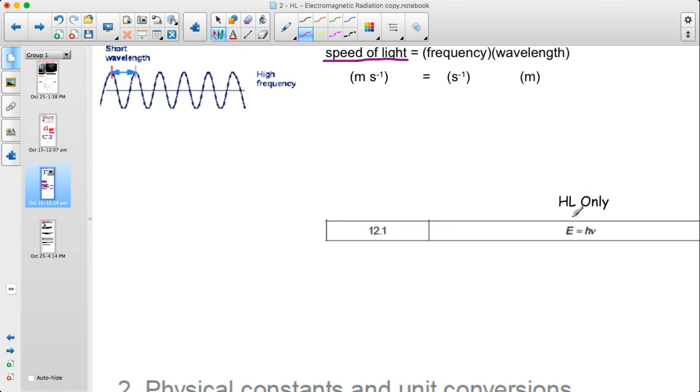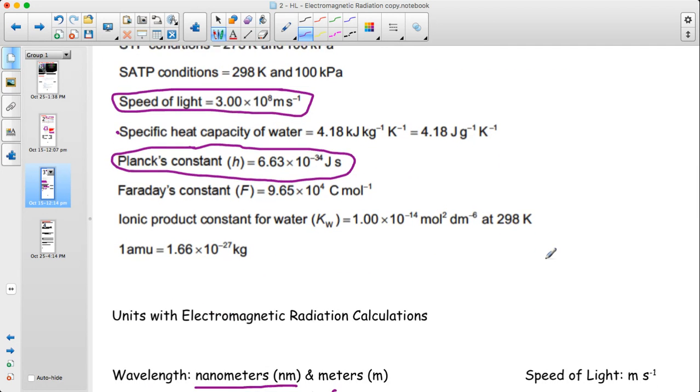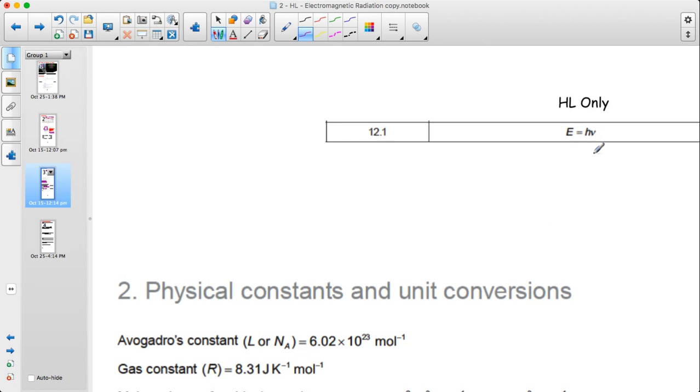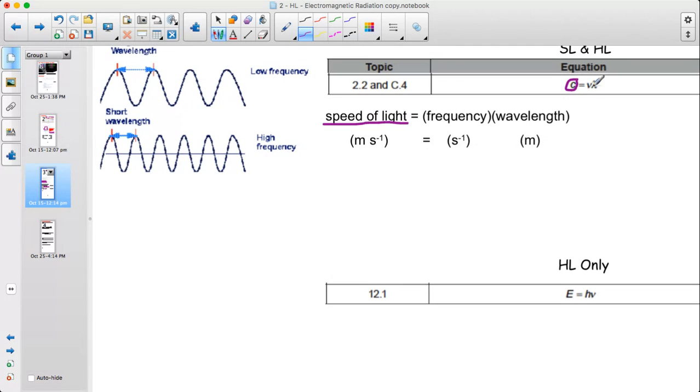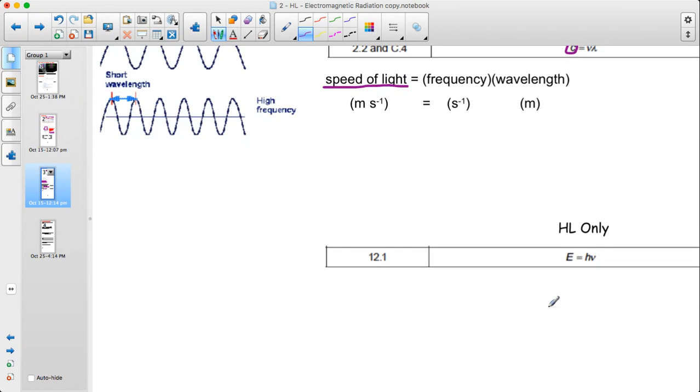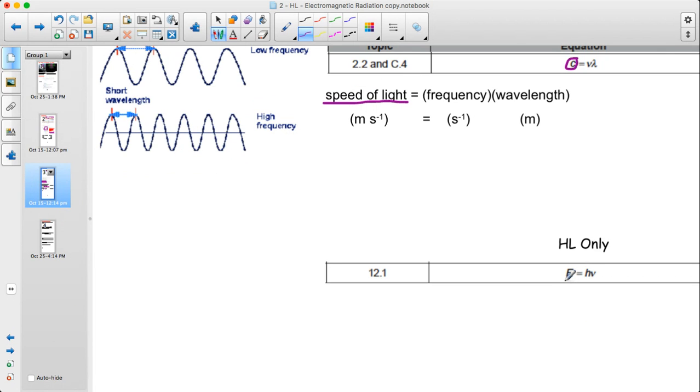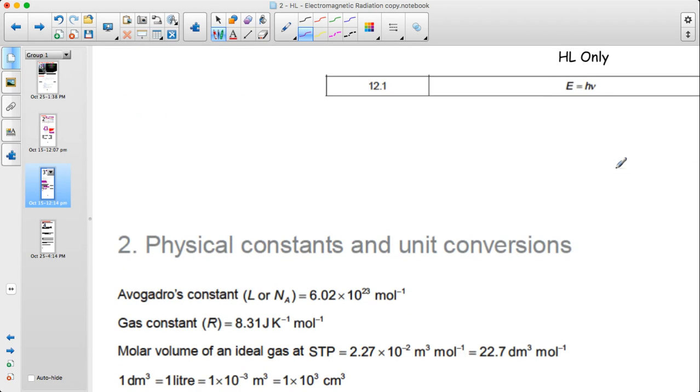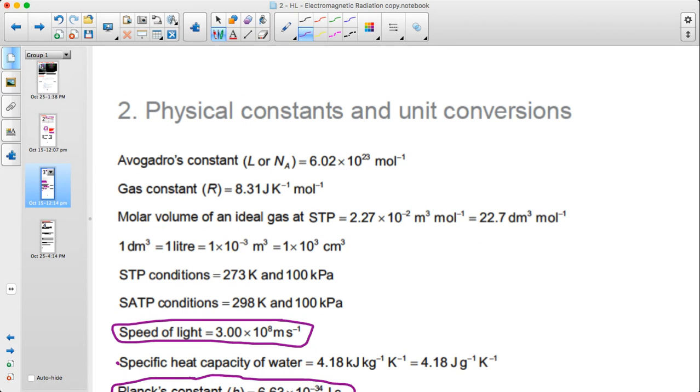And in the HL class, using this equation to calculate energy based on frequency, or wavelength based on energy. The trickiest thing would be to give you an energy. You would then have to work backwards to calculate frequency. You could then plug the frequency into this equation to solve for a wavelength. But again, that's only an HL topic. So yeah, those are the properties of electromagnetic radiation you need to know for the IB exam.